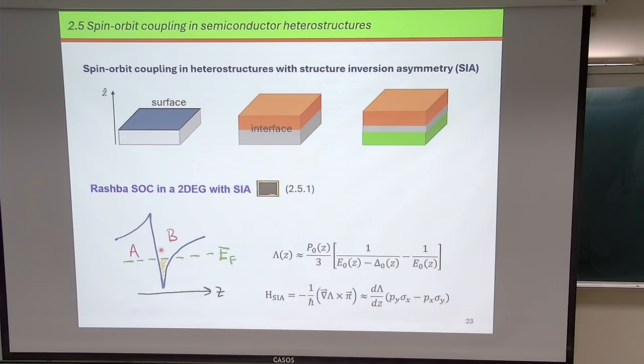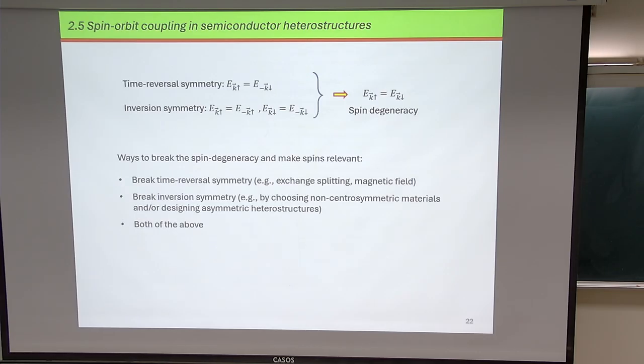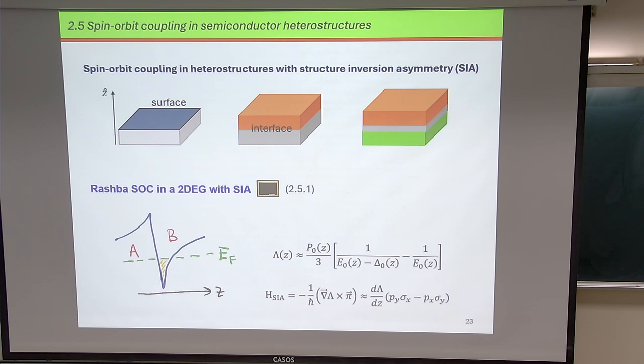Now, in this situation, the parameters don't change along X and Y because along X and Y we have the same material. They change only in the Z direction, because in the Z direction I can go from material A to material B, and I also have this potential that depends on Z. So the function lambda, which we had in the spin-orbit coupling before, now depends only on Z. We take this form approximately.